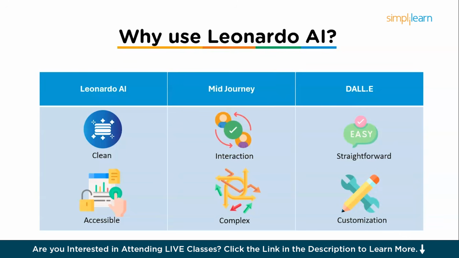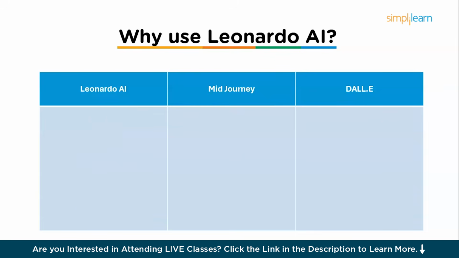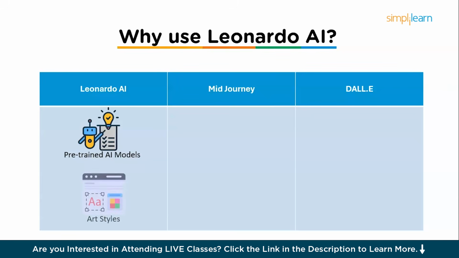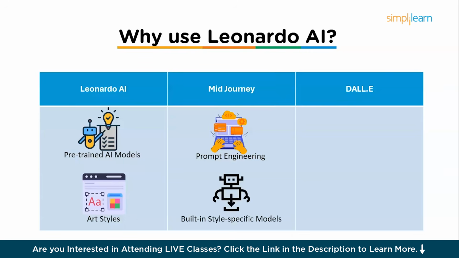Now moving on to the next one, we will differentiate them on the basis of pre-trained models and styles. Leonardo AI provides pre-trained AI models that help generate specific art styles like anime, realism, and cinematic. Now moving on to Midjourney, it relies on prompt engineering to define styles but lacks built-in style-specific models. Now moving on to Stable Diffusion, it is open source and requires users to fine-tune models manually.